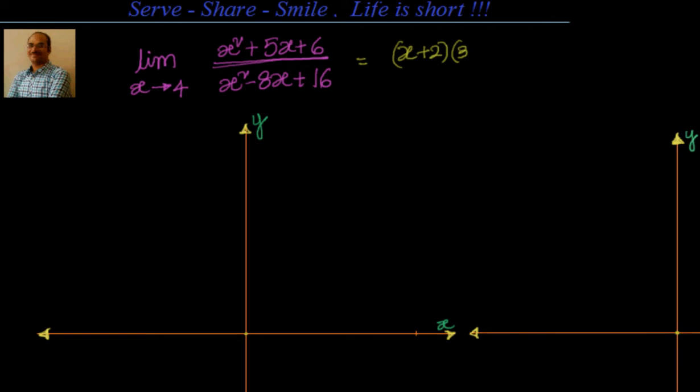I can write it as (x plus 2) into (x plus 3) divided by x square minus 8x plus 16, which is nothing but (x minus 4) into (x minus 4), or (x minus 4) whole square. Now if you substitute the value 4, you will get 6 into 7 divided by 0 into 0, which is not defined.